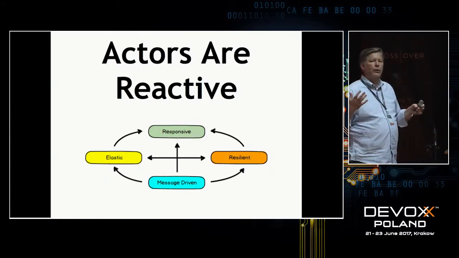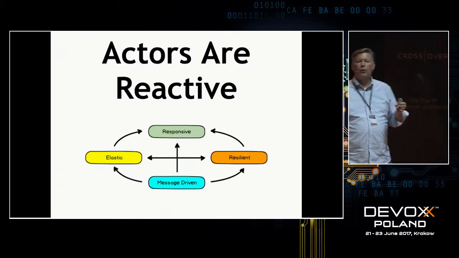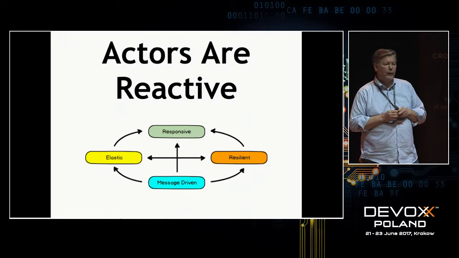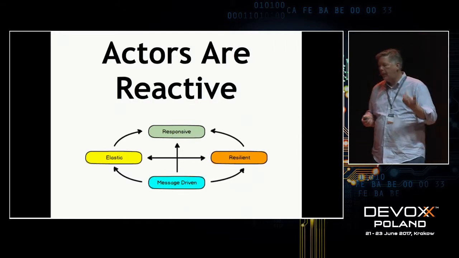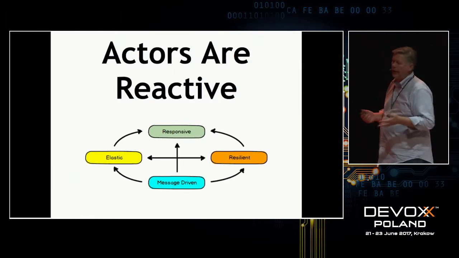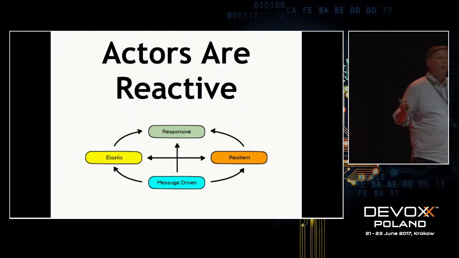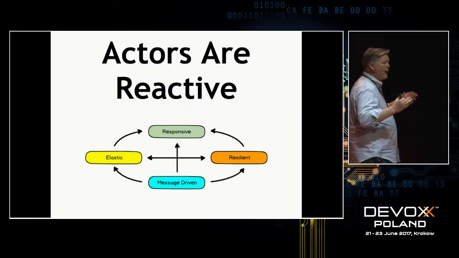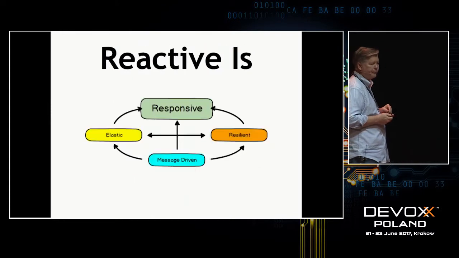And all of these three capabilities are supported by the fact that reactive is message-driven. So are these messages command messages or event messages or just messages? Actually, it doesn't matter, because all of those concepts are embodied in message-driven.